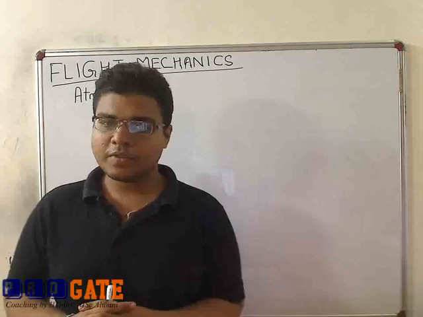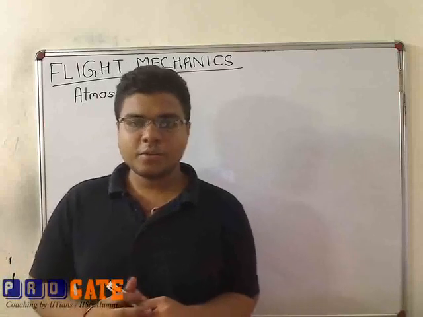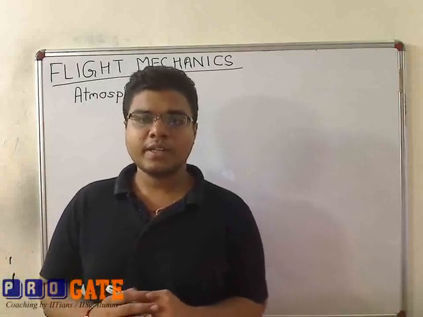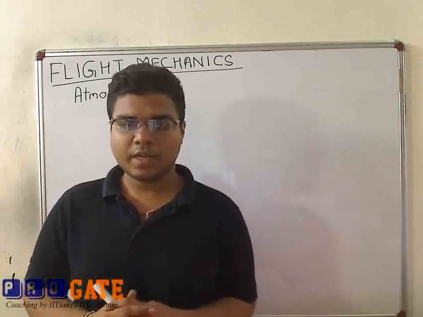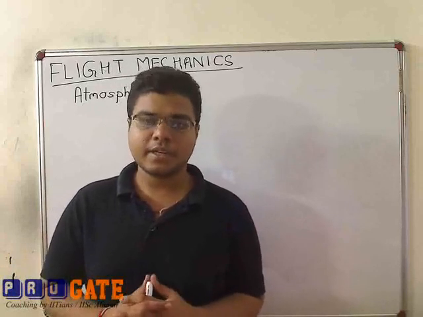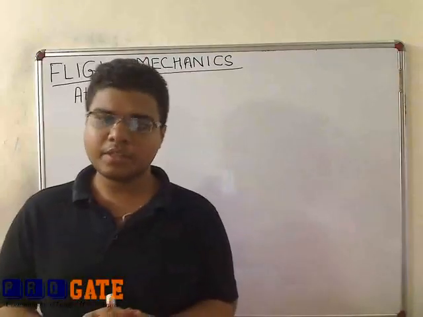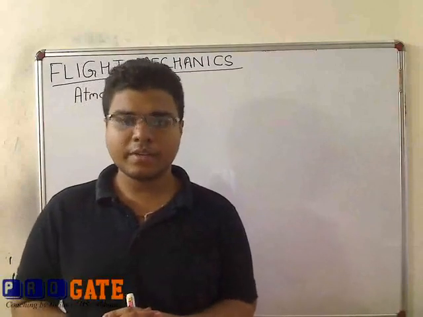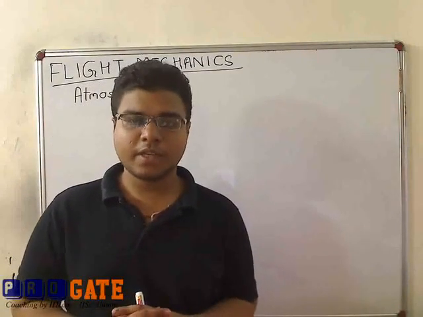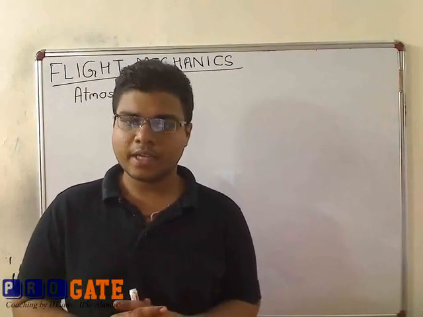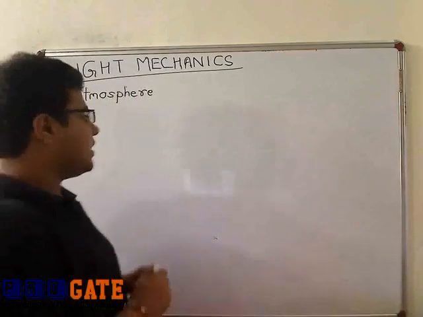So, at any point of time, an aerospace vehicle would be interested in two parameters of the atmosphere, which are pressure and the temperature. The pressure and the temperature at any given point in the atmosphere vary dynamically.